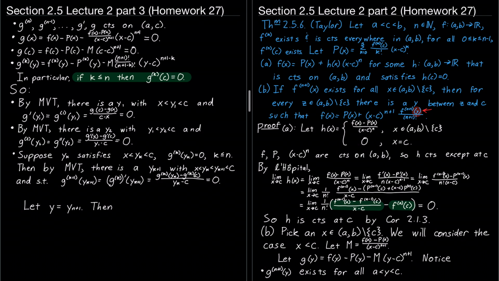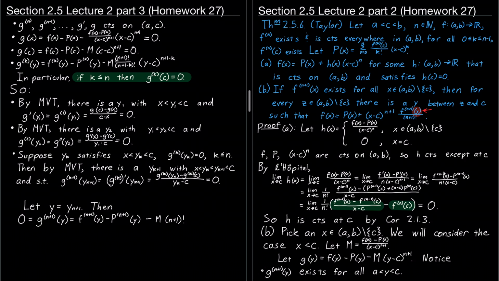Then we've got that 0 is the same thing as g with n plus 1 derivatives at our point y. But then g with n plus 1 derivatives, that's f with n plus 1 derivatives, minus p with n plus 1 derivatives, and then we subtract m times n plus 1 factorial.